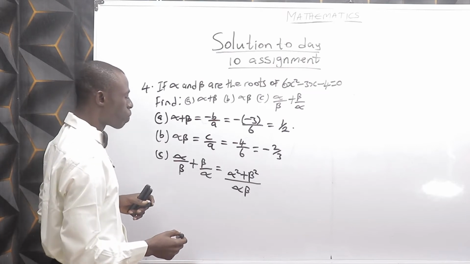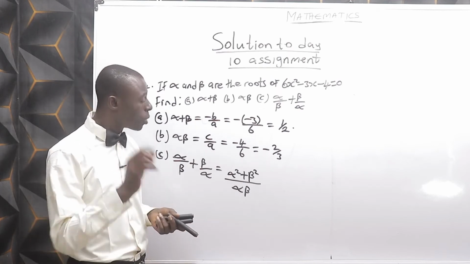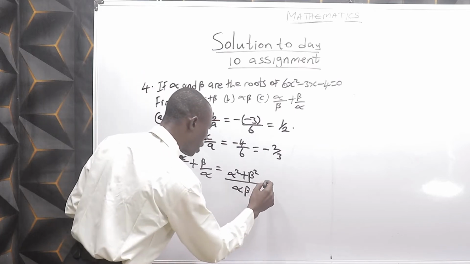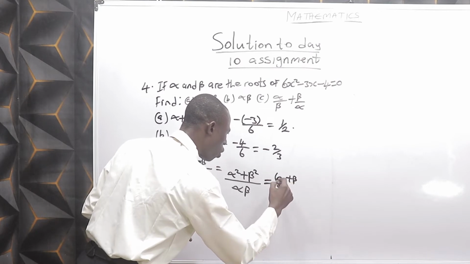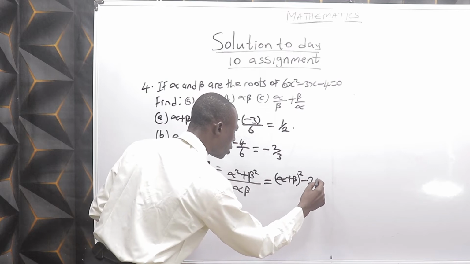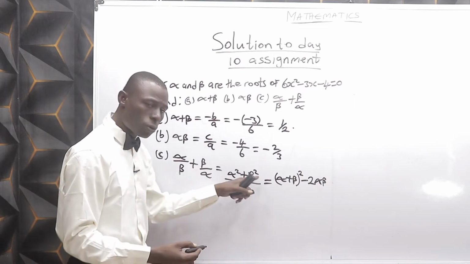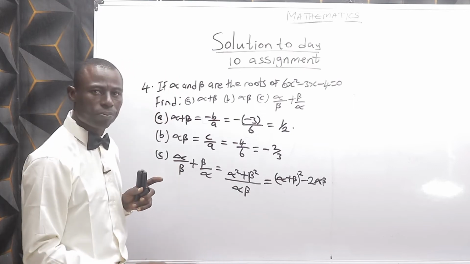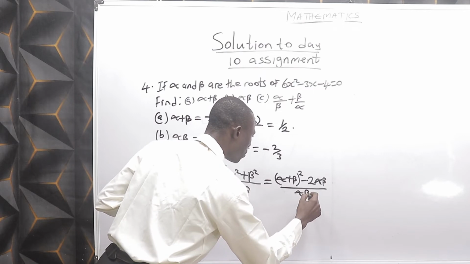Don't forget, I told you in one of the previous classes that the sum of two squares can be expressed in another way. This sum of two squares, alpha square plus beta square, can be expressed as alpha plus beta all raised to power 2 minus 2 alpha beta, all over alpha beta.